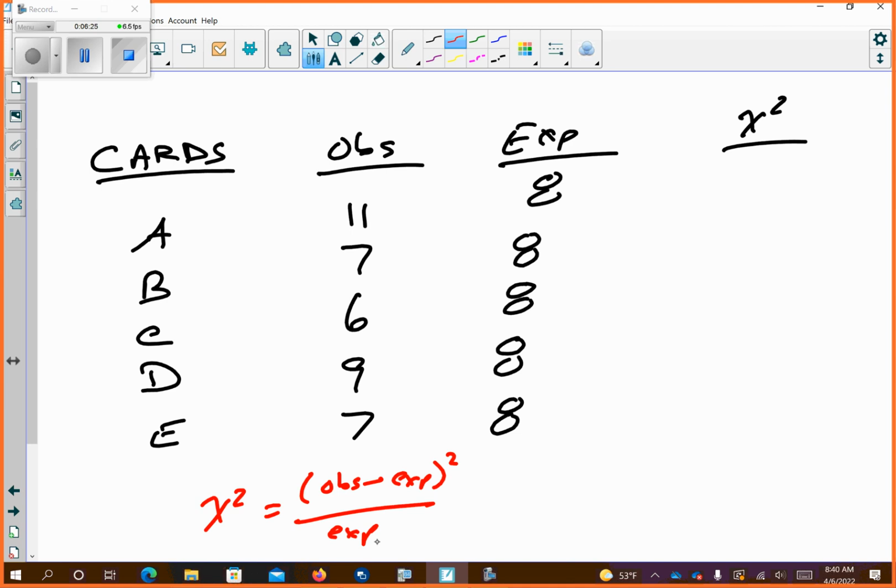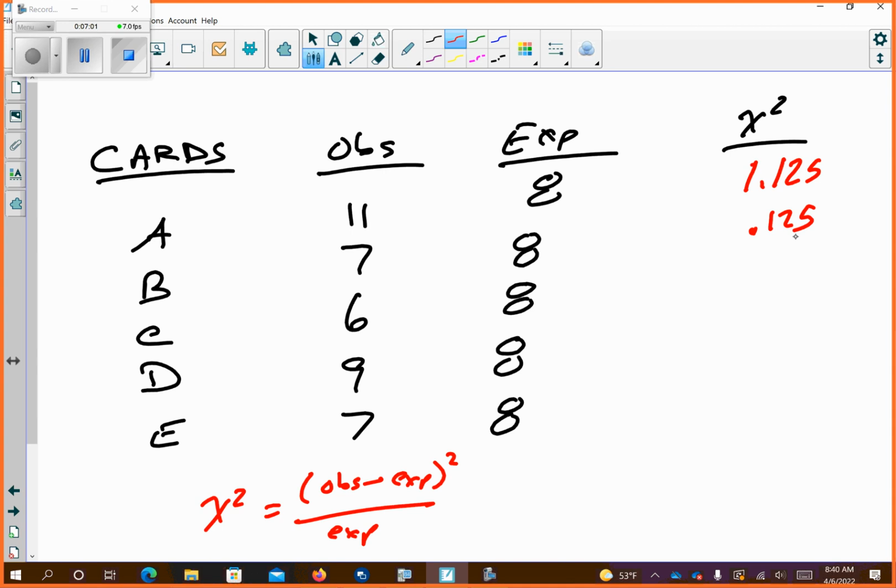So 11 minus 8 is 3. 3 squared is 9. 9 over 8 is what? 1.125. Okay, and then 7 minus 8 is negative 1. 1 squared is 1. 1 divided by 8 is 0.125.